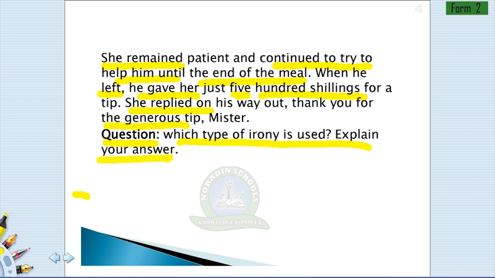So is this verbal irony or situational irony? Can you imagine? This is verbal irony. Yes, that's it. Verbal irony.